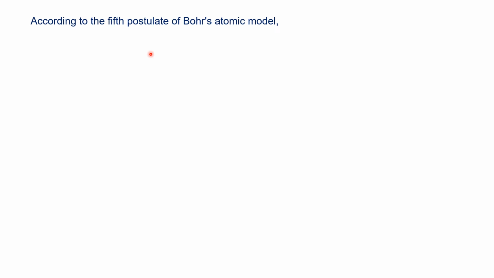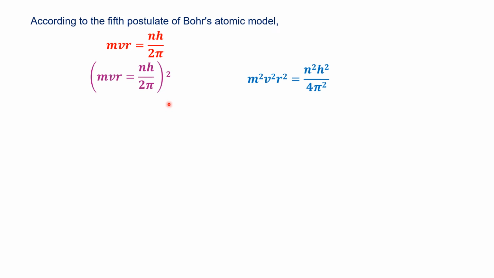According to the fifth postulate of Bohr atomic model, angular momentum is equal to nh divided by 2 pi. Now squaring this whole equation, we will get m square v square r square is equal to n square h square divided by 4 pi square. 4 is from 2, 2 multiplied by 2, it will become 4. Now solving it for v square, we will get v square is equal to n square h square divided by m square r square 4 pi square.